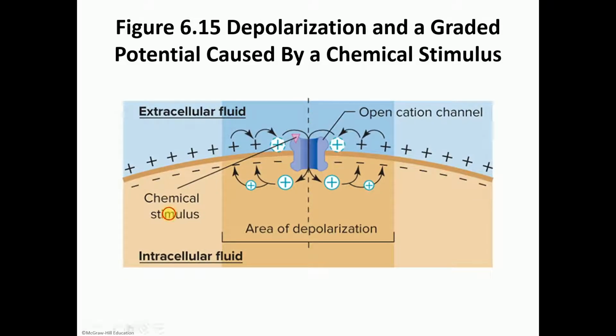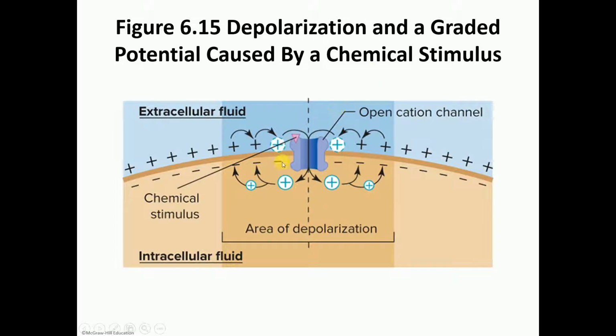Here you can see what happens on a local level in order for a graded potential to occur. So you can see here the chemical stimulus that opened up this chemically gated sodium channel. Remember we talked about these different receptors with the ion gated channels in chapter 5. So this is an example of this happening.